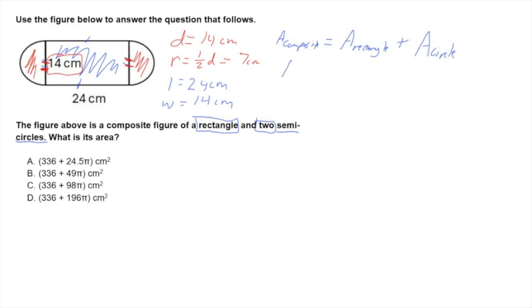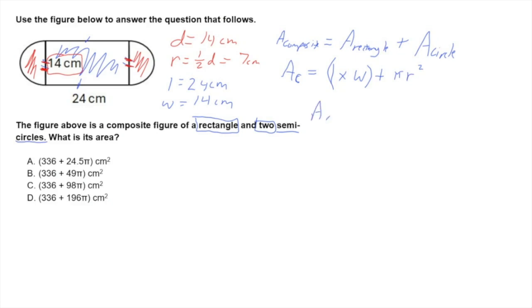So we'll call this area of C will be our composite, just for easier writing. The area of a rectangle is the length times the width, plus the area of a circle is pi times the radius squared. Well, we've got all this information, so let's fill it in.